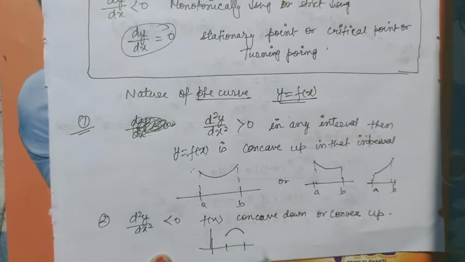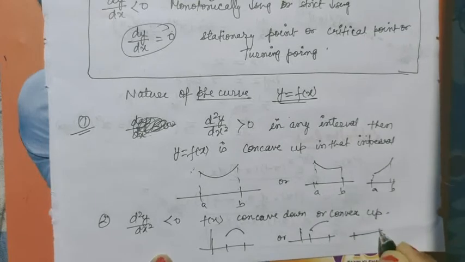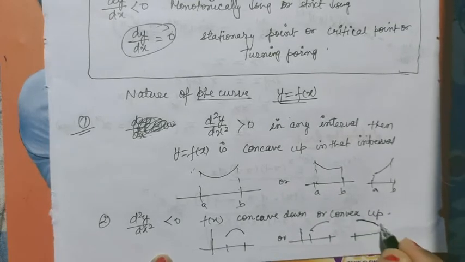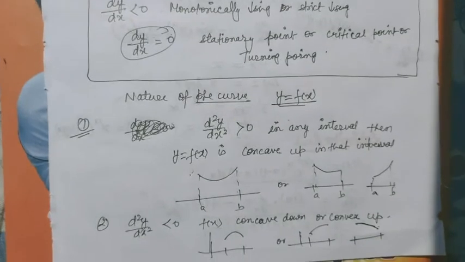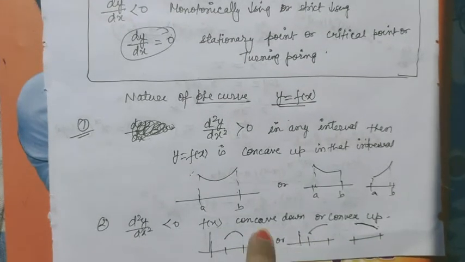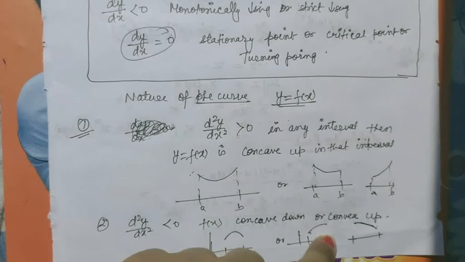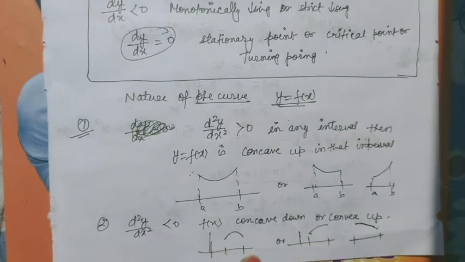You can represent it like this, or sorry, it can be like this or like this or this. Okay, these are all concave down or convex up functions.